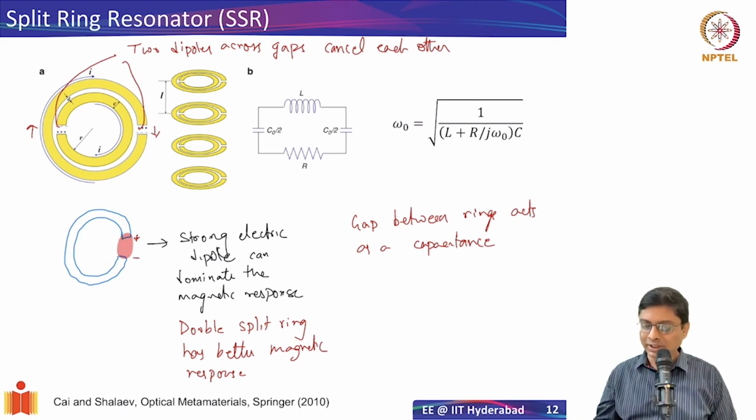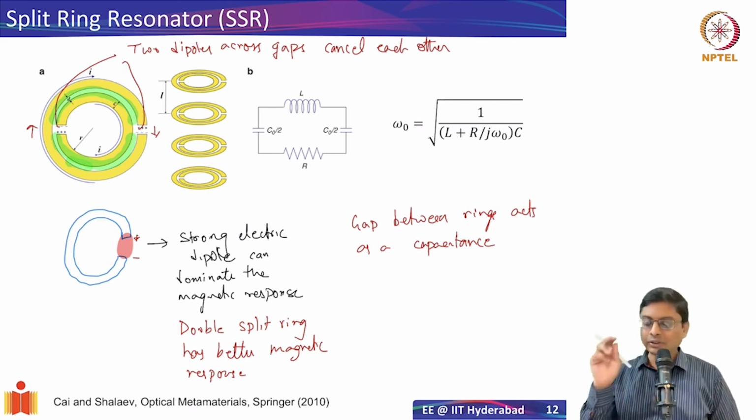But in a double split ring, the capacitance is going to come from all across here. Between the rings itself, there's a lot of capacitance that is associated with that. And it turns out that this dominates. So we prefer having a double split ring. Okay. So it has a stronger capacitance, and omega naught can be appropriately tuned.